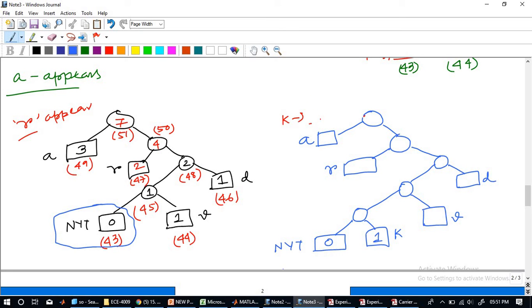So this is for the K that has appeared. Now furnish me the details of the node weight. Okay. So 1, 0 is given. We'll have 1. V was how much? 1. So 1 plus 1, 2. D was 1 already. So 2 plus 1, 3. R was already 2. So 2 plus 3 is 5. D was 3. So 5 plus 3 is 8.